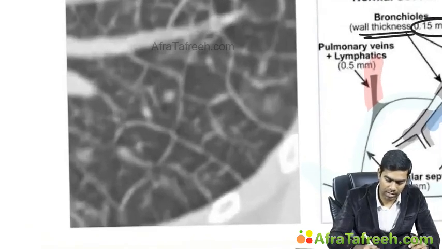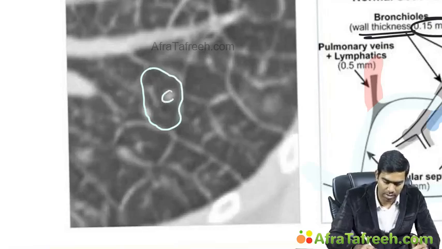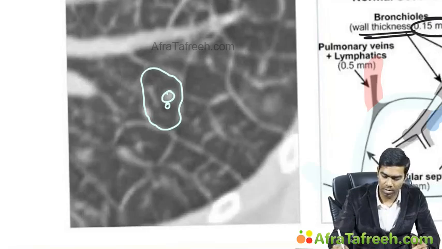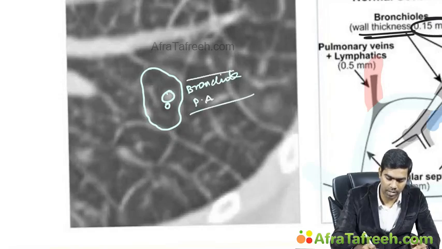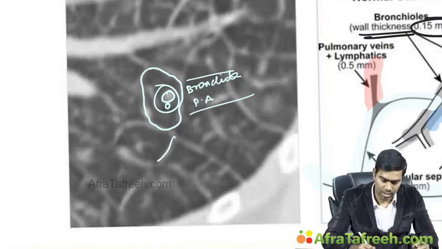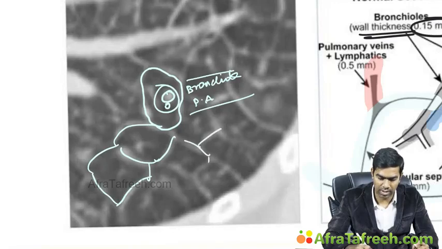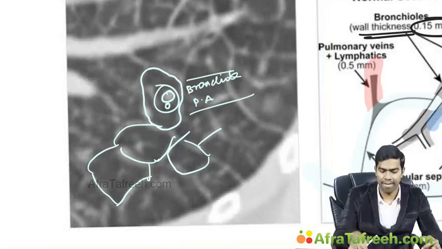You can see this is one secondary pulmonary lobule in CT, and you can see the typical structures. These are the lobular bronchiole and the pulmonary artery going in the center of the secondary pulmonary lobule. And these are the interlobular septa.